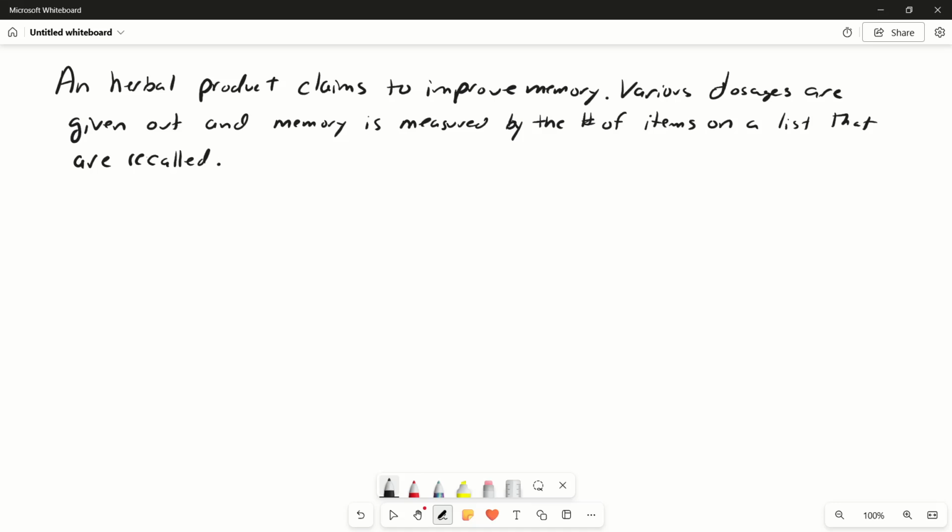And so the idea is this herbal product will increase memory, and people that take more of the product will basically remember more, right? And so this experiment has three groups. It has a placebo group, and these are the number of items on the list recalled.